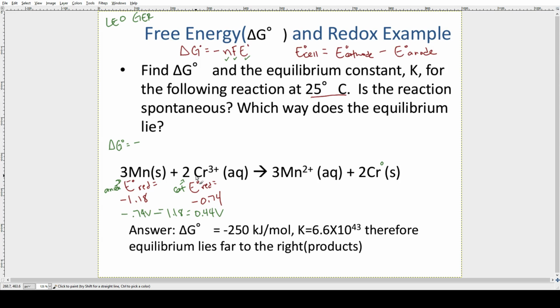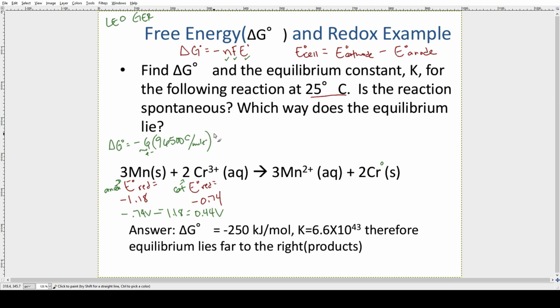So each one gained 3 electrons, but there are 2 of them, so how many electrons got moved? 6. So negative 6 times Faraday's constant, 96,500. What are the units on that? Coulombs per moles of electrons, which is handy because that negative 6 is in moles of electrons.